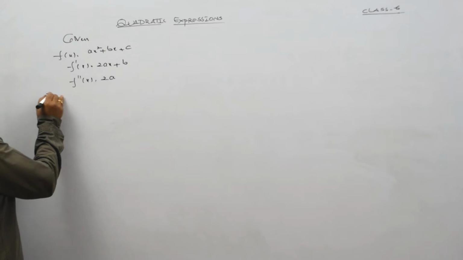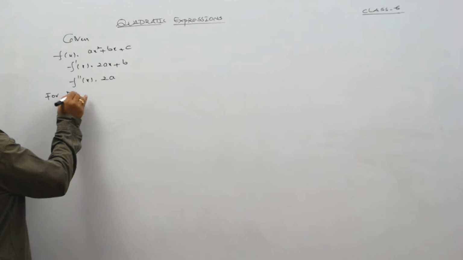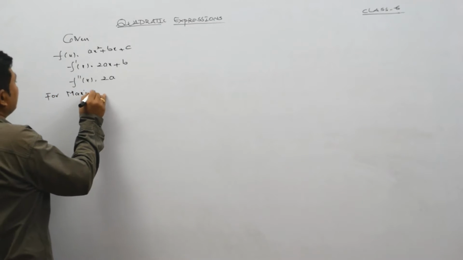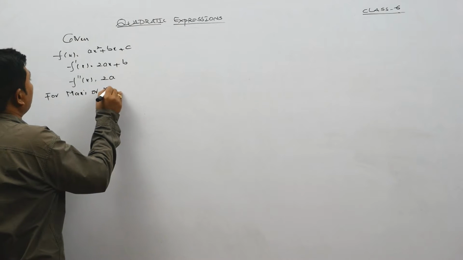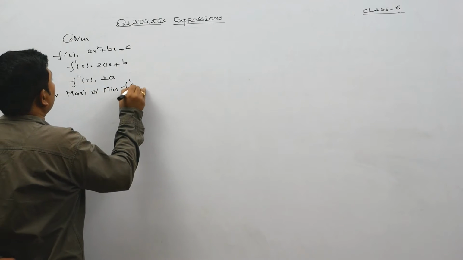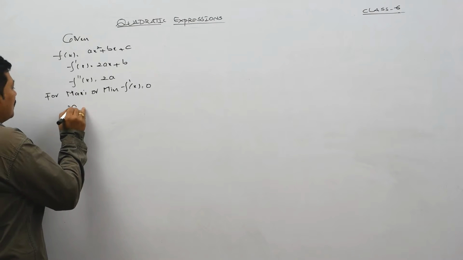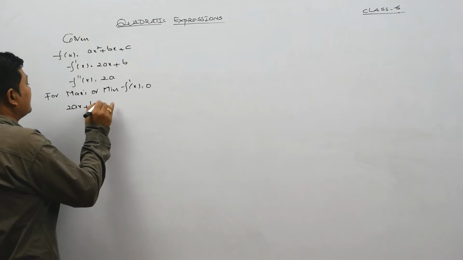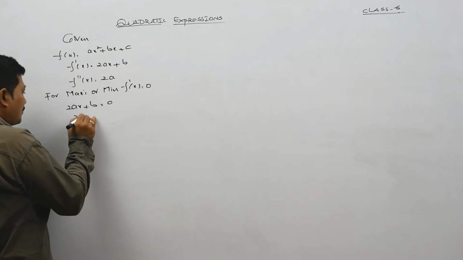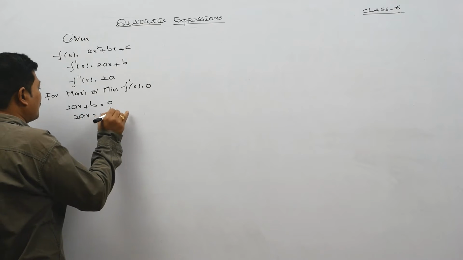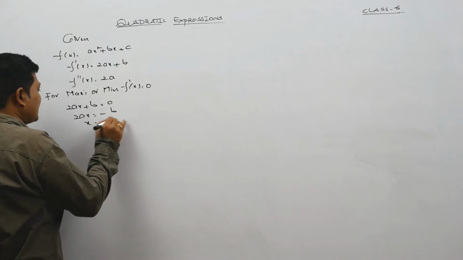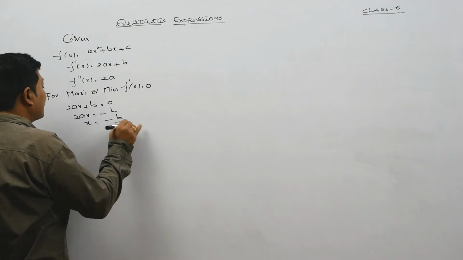So for maximum or minimum, f dash of x is equal to 0. So 2ax plus b is equal to 0, 2ax is equal to minus b and x is equal to minus b by 2a.